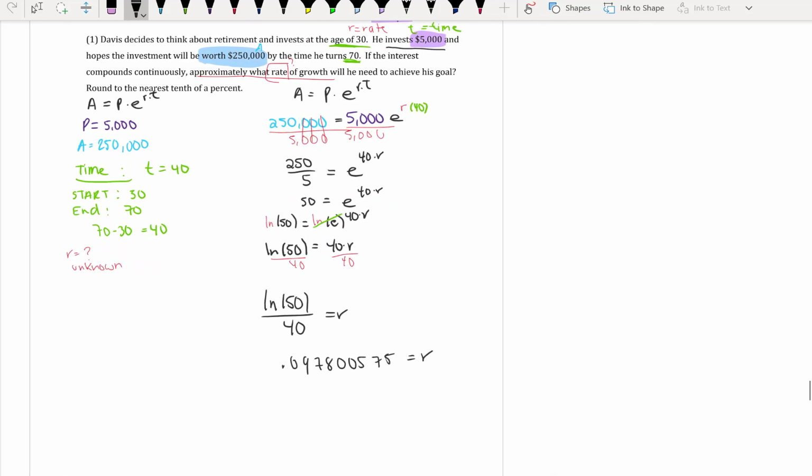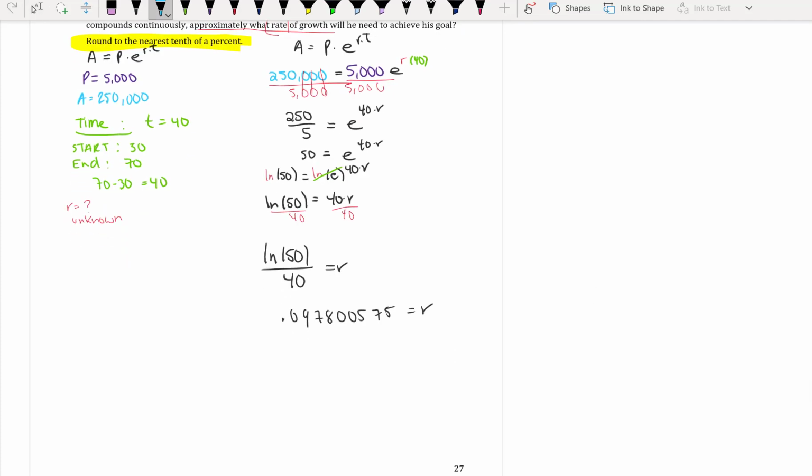And remember, it specifically said to round to the nearest tenth of a percent. So first, I need to change it into a percent. So that means move the decimal 2 places, 1, 2. So now I have 9.78000575% as my rate.